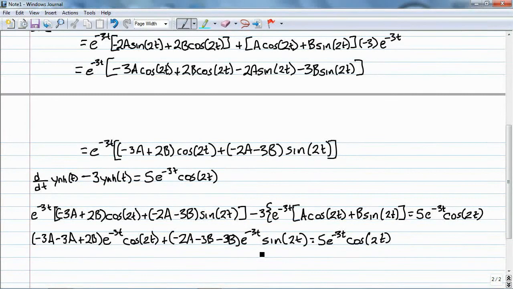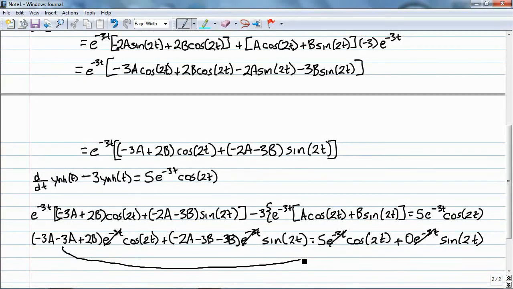And remember, I have a sine on the left but not on the right, so I need to add 0 e to the negative 3t sine 2t. And you'll notice that all of the e to the negative 3t's go away, and the coefficients of the cosines must be equal and the coefficients of the sines must be equal.